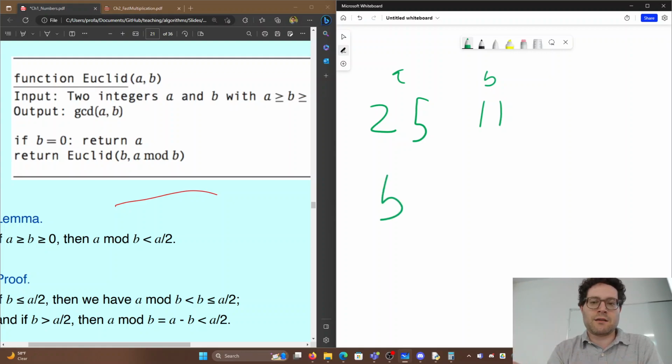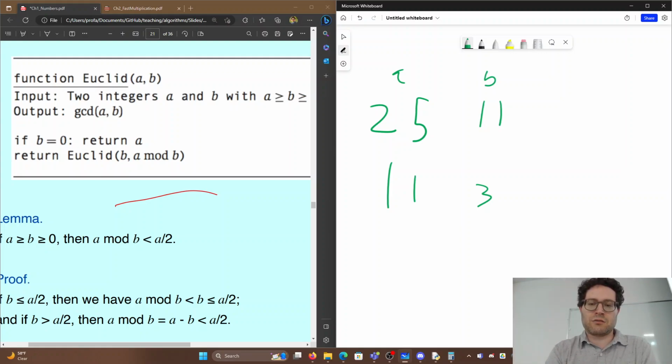So what is A? I should write down 11, because that's what B is. So what is A mod B? 25 mod 11: 11 times 2 would be 22, so this would be 3, right? 25 mod 11 is 3. You can check by adding 11 to that, getting 14, adding 11 to that to get 25. Now is B equal to 0?